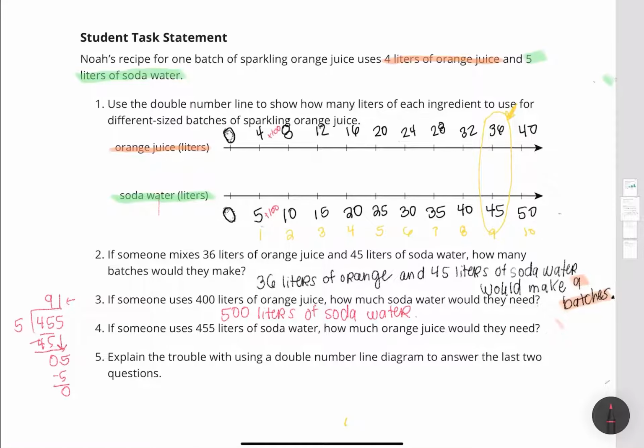So if I multiply 5 times 91 to get to 455, then I want to multiply 4 times 91, and let's do the math on the side. All right, so it's going to be 364 liters of orange juice.